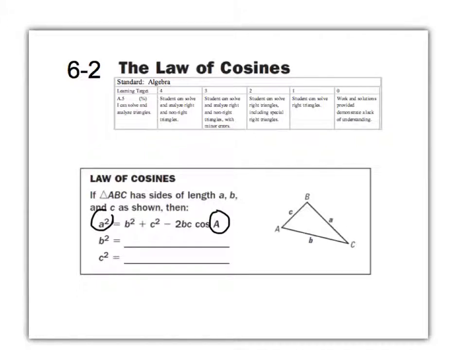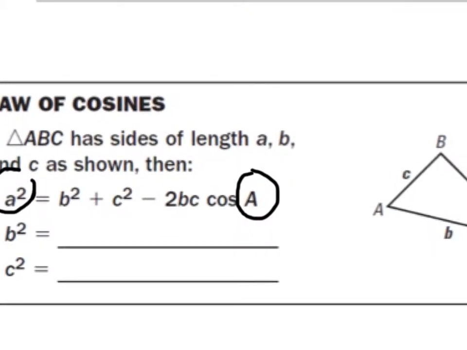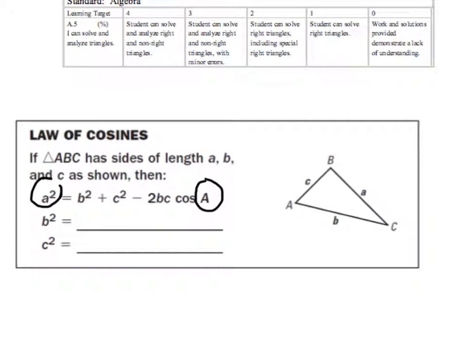Okay, so what I'm going to do is I'm going to fill these in, and the b squared is then followed by a squared plus c squared minus twice ac times, and I should mention specifically, this is multiplying. Some people get confused by that.